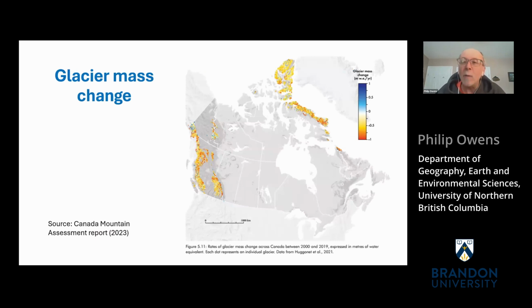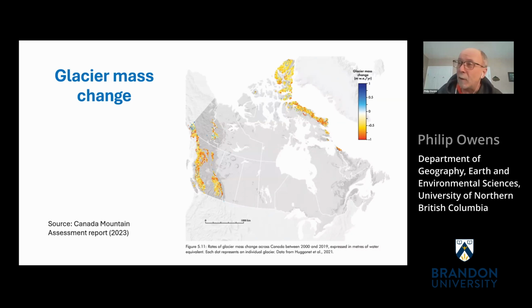And if we look at that in a visual way on a map, here we can see the glacier mass change expressed over the last 20 years. So you can see that in areas where we have the oranges and the reds, that's where we're losing glaciers.